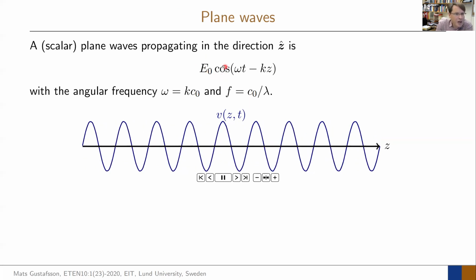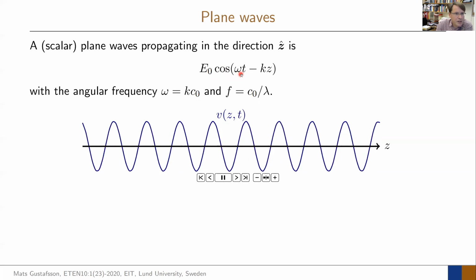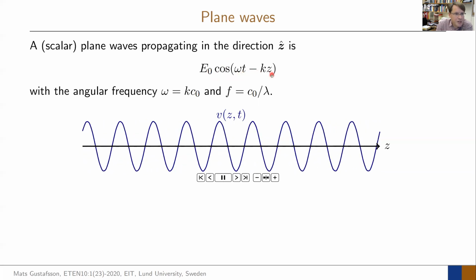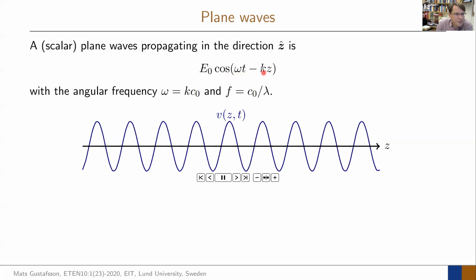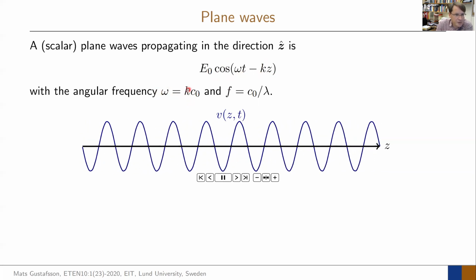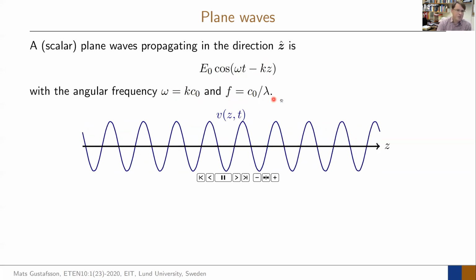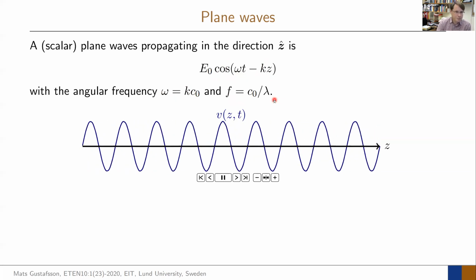And then some time harmonic type setting here. You have some angular frequency omega times t minus kz. k is called the wave number that sits there. And the angular frequency here is related to the wave number with the velocity of these waves. So if it's an electromagnetic wave, the speed of light. And the frequency is related to the wavelength.